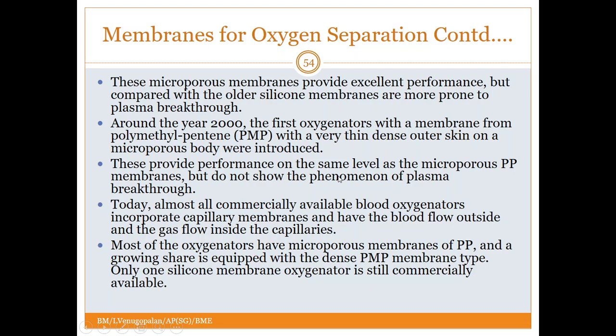So around 2000, the first oxygenator with a membrane from polymethylpentene (PMP) with a very dense outer skin on the microporous body was introduced. So this material was not only microporous, but it had a very dense outer skin as well. This provided the same level of microporousness as polypropylene membranes, but it did not show the phenomenon of plasma breakthrough, right? So it was not harsh on plasma, but at the same time it was as porous as polypropylene membranes.